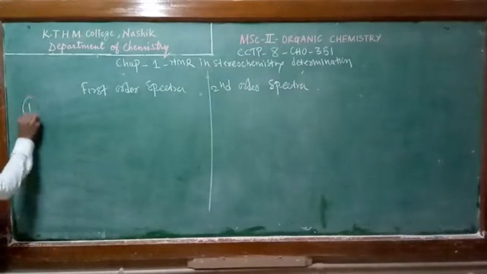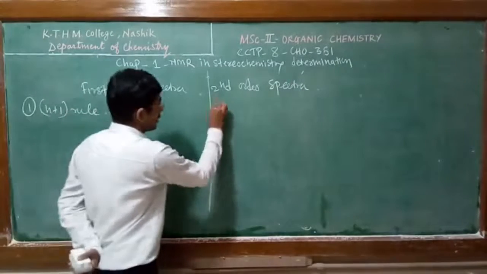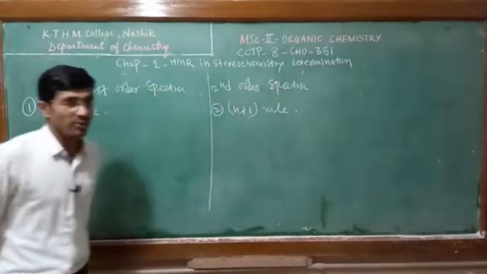So the first difference is that in first order spectra we can apply the n+1 rule. In second order spectra we cannot apply the n+1 rule; we cannot interpret with the help of the n+1 rule.